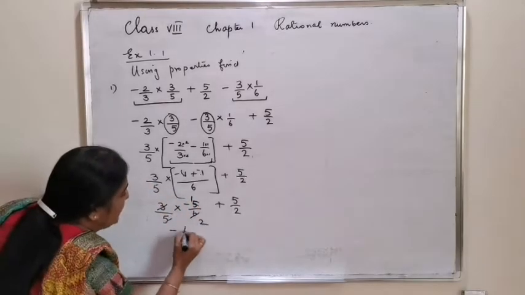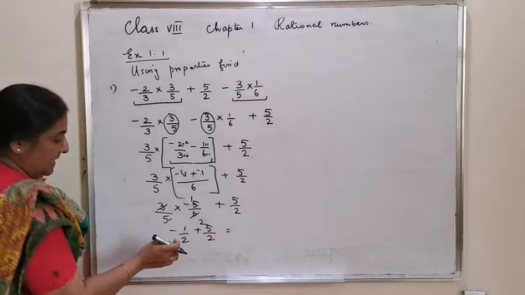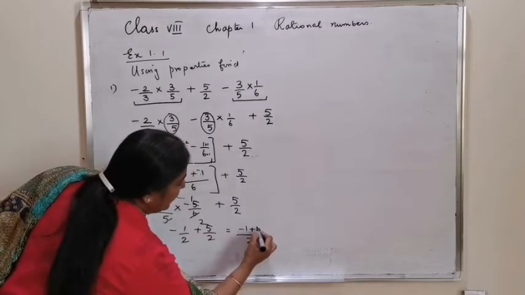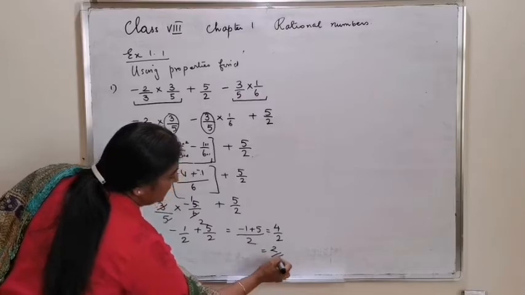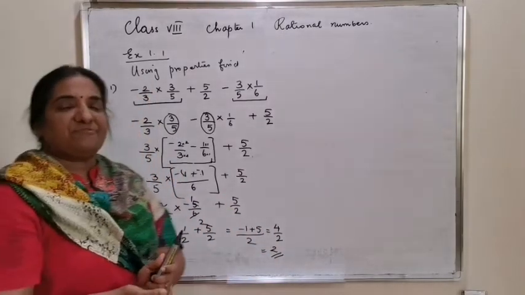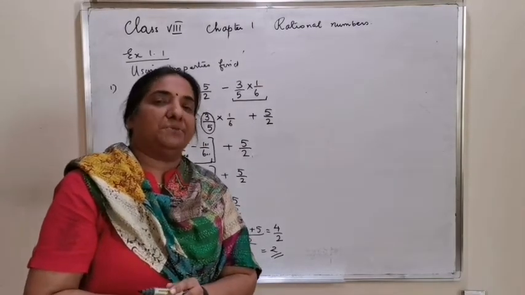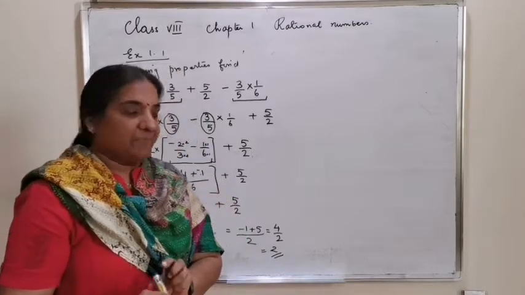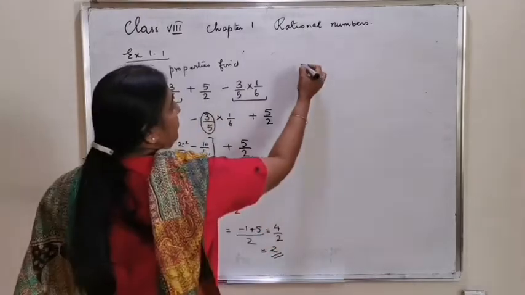Therefore, minus 1 by 2 plus 5 by 2, LCM is 2, minus 1 plus 5 by 2, 4 by 2, which is equal to 2. That is, instead of separately simplifying and then taking the LCM, you are using the distributive law to get the answer.